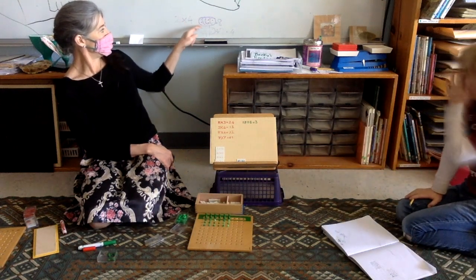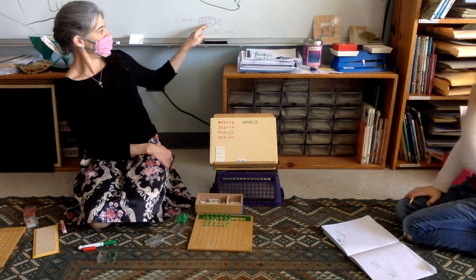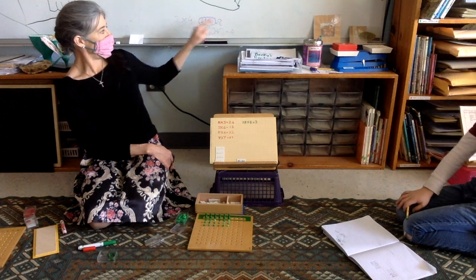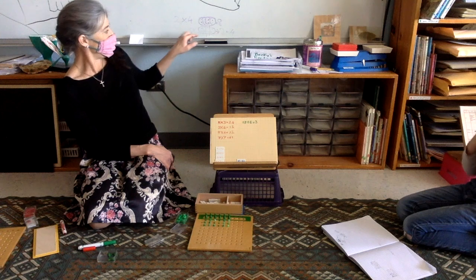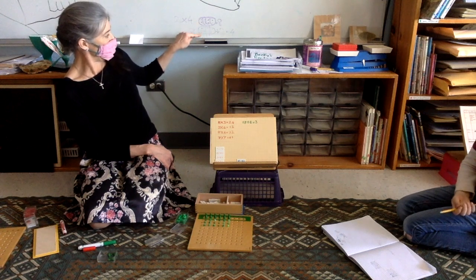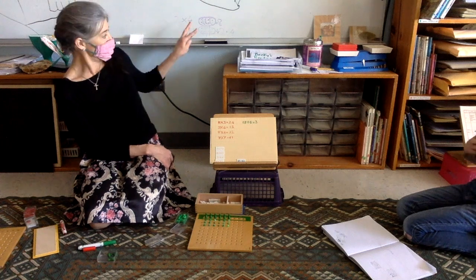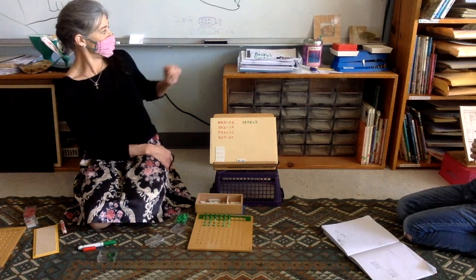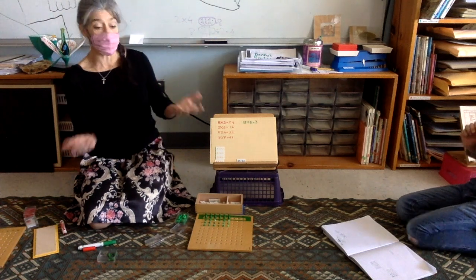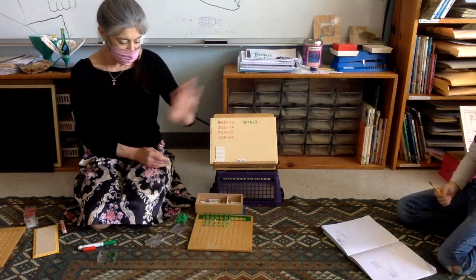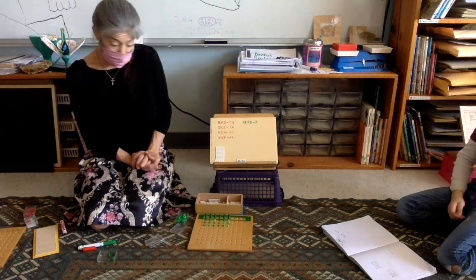Four groups of 2. Look, there's 2 in each group, right? And we get 8. Here we started with 8 and we split it into 4 groups, and there's 2 in each group. So 8 divided by 2 is 4. 2 times 4 is 8. They're opposites. Okay. So let me show you how to do it by skip counting.